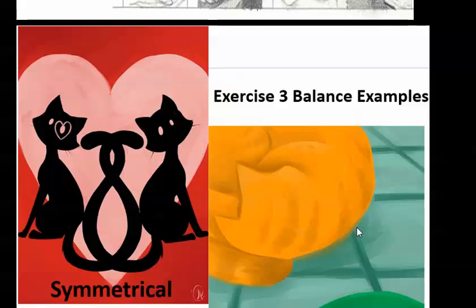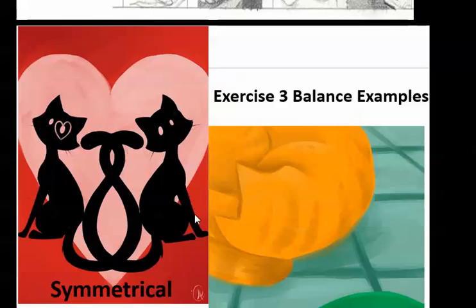As we look at the symmetrical balance one, we see overlapping, which is quite interesting. We see that the cat is touching the edge of the format. The format is the shape of whatever your design is, whatever your support is. The support is what you do it on, like your paper, your vellum paper.